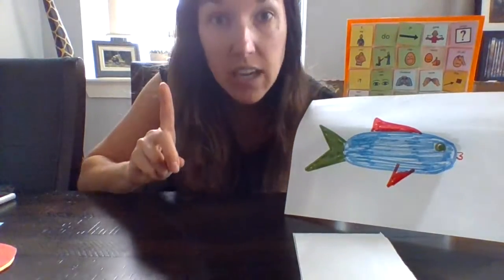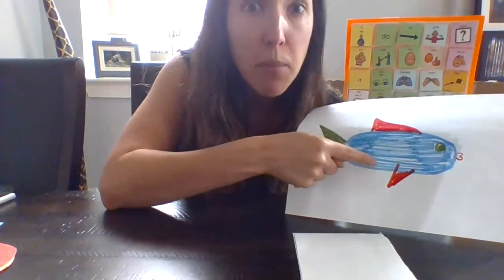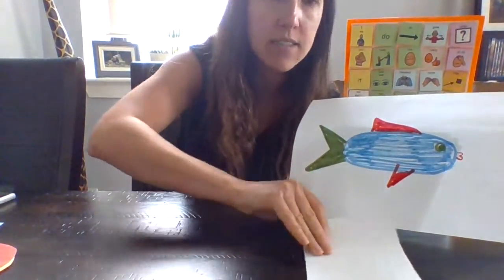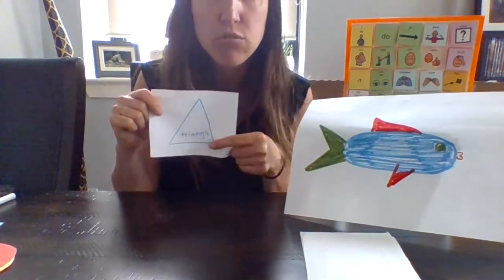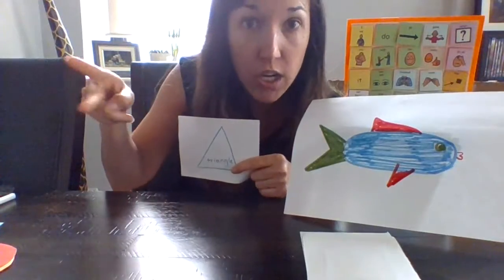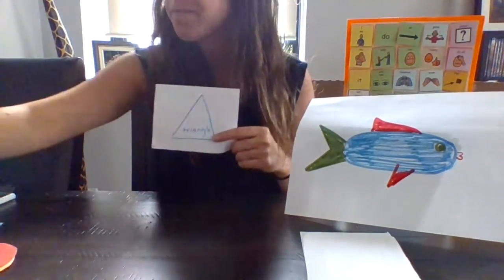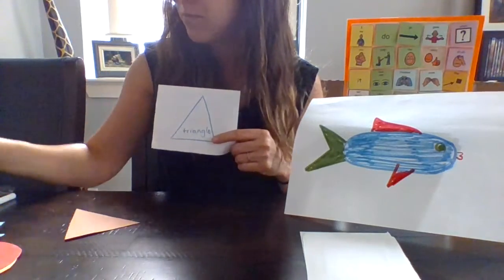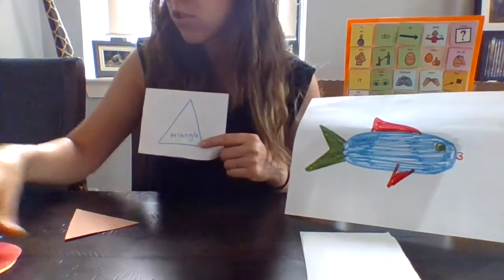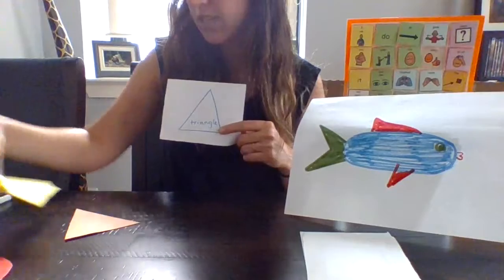The first thing we're going to do is make the body. Let's pick out what shape the body will be. A triangle. So you're going to look for a triangle. I'm going to use two triangles together so that it's nice and big.